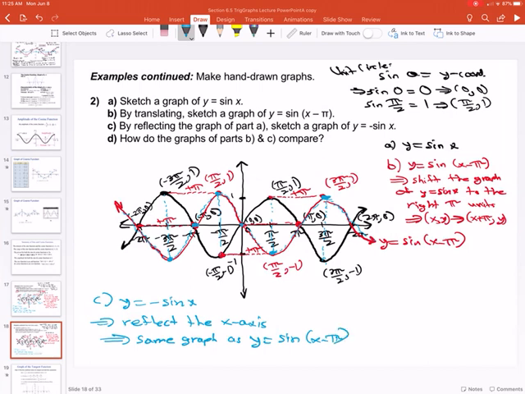If you look at part D, how the graphs in part B and C compare, they're the same graphs. So yeah, the sine of x minus pi, and we can write that in here now: sine of x minus pi equals negative sine of x in our graph.